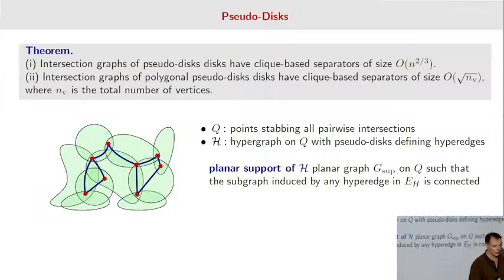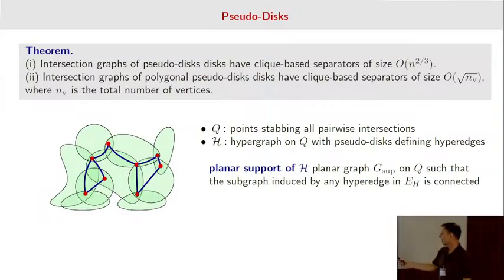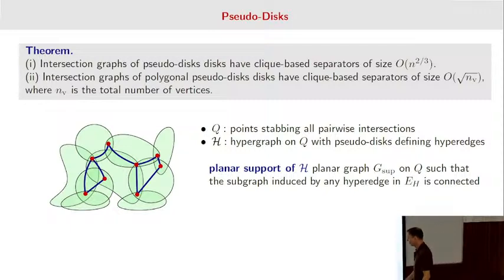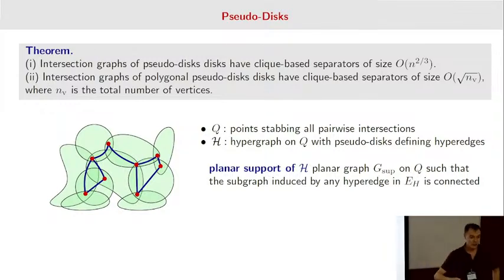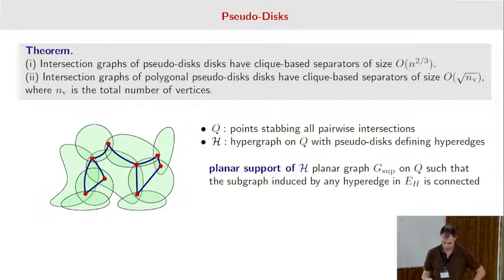If you can do that, that's called a planar support. And now what we show is that if you take a normal separator on this planar support, then that translates into a good clique-based separator.